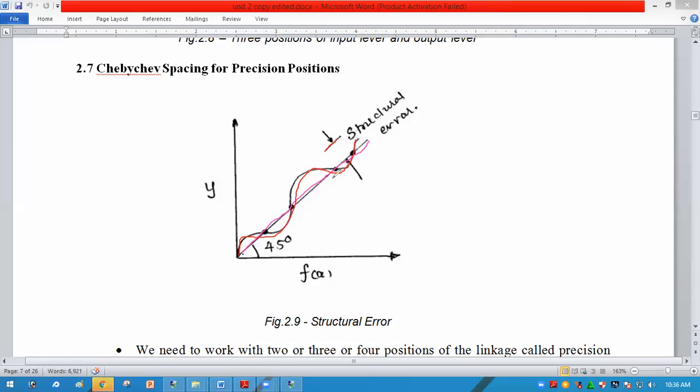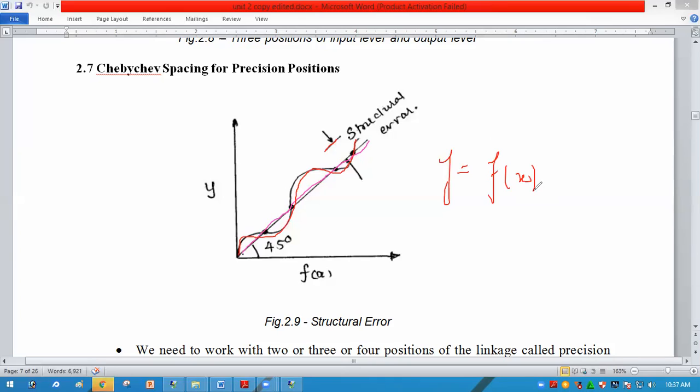So in function generation problems, the output is related to the input through a function y equal to f of x. The output y depends on, or is related to, the function f of x, and it is required to obtain the dimensions of a linkage to satisfy this relationship. Previously we discussed the Freudenstein equation, which is used to find the magnitudes of links AB, BC, CD, and AD.